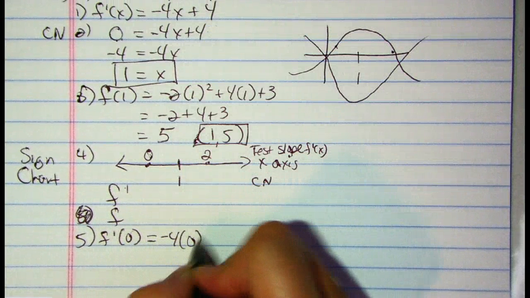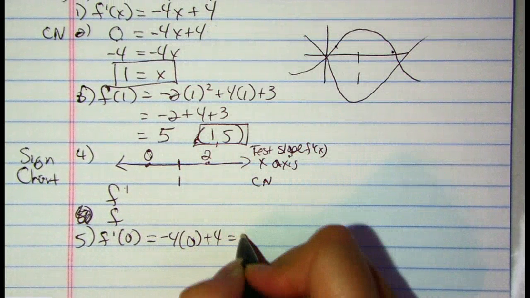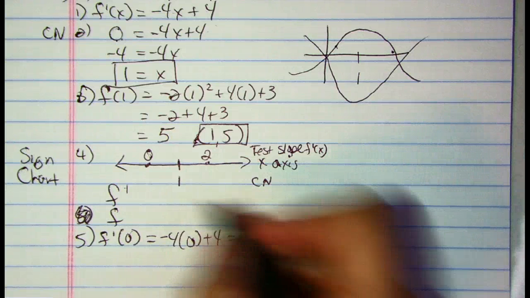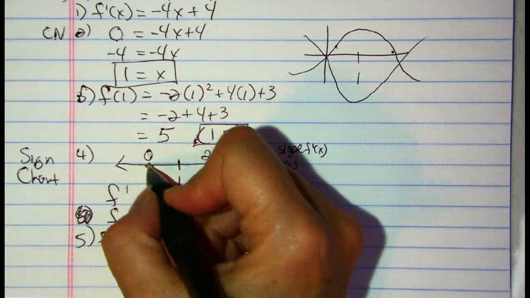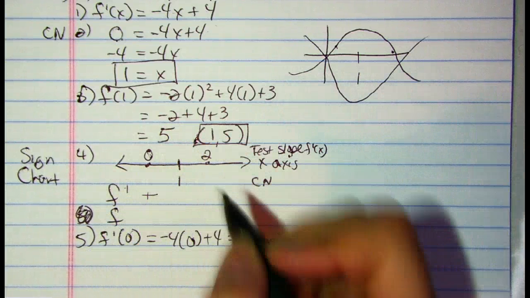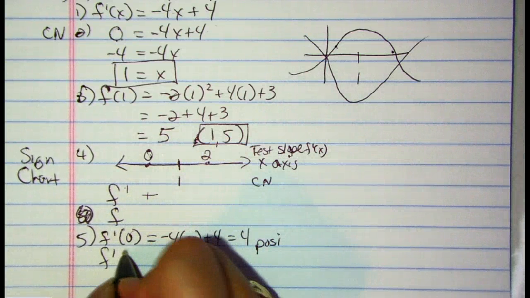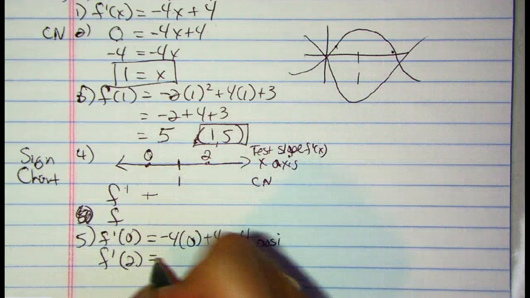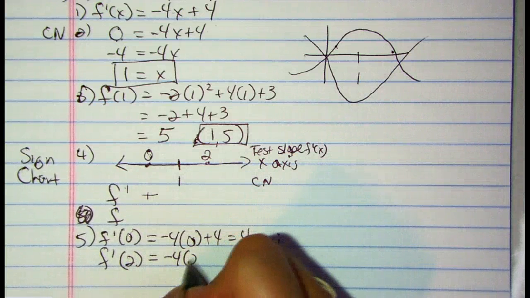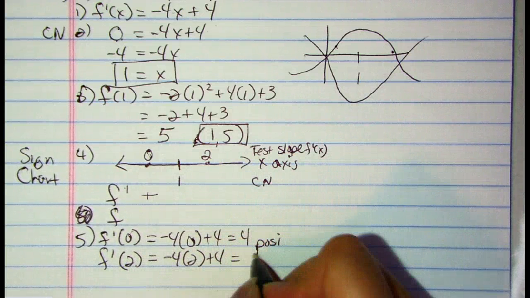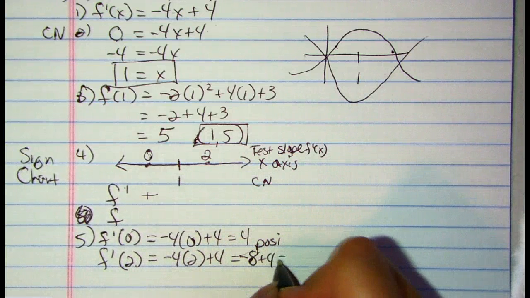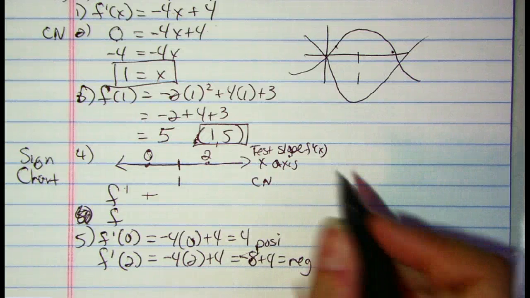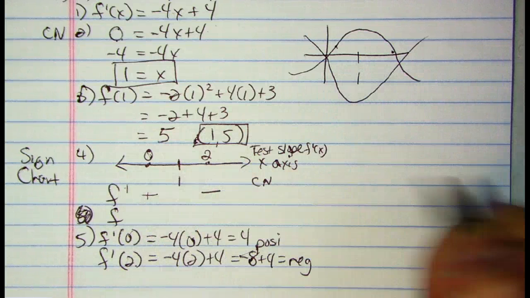Negative 4 times 0 plus 4 equals 4, but most importantly I just want to know if it's positive or negative. That is positive. So for my first derivative, at 0, it's positive. And I'm going to test the other test point for my slope, put in 2. That's negative 8 plus 4, which equals negative. I don't really care what the value is. I just need to know if it's negative or positive.